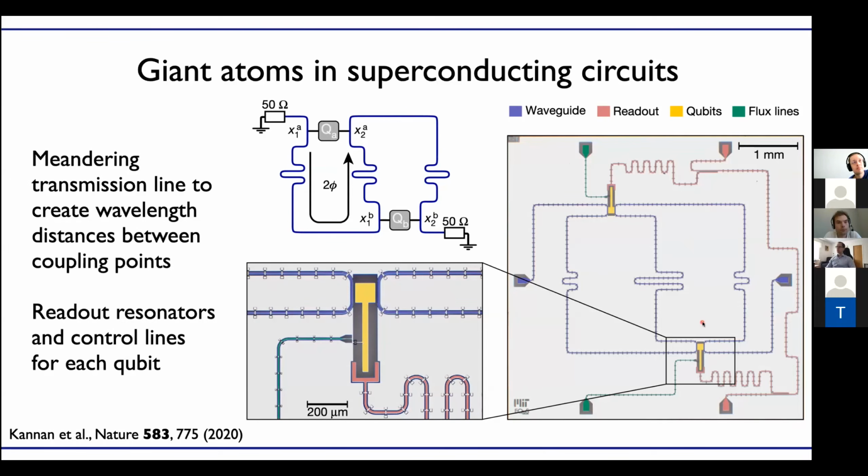And exactly, you can turn this interaction to the waveguide on and off by changing the frequency. So perhaps you can, as I mentioned, create some interesting state and then emit it to the waveguide.